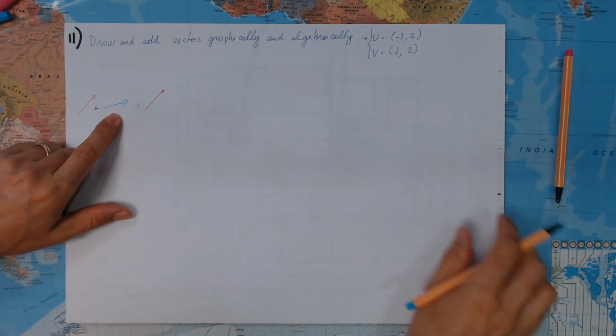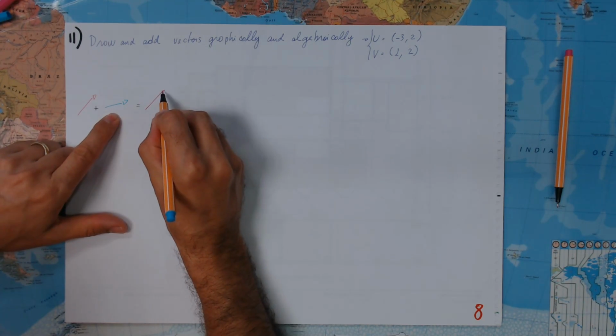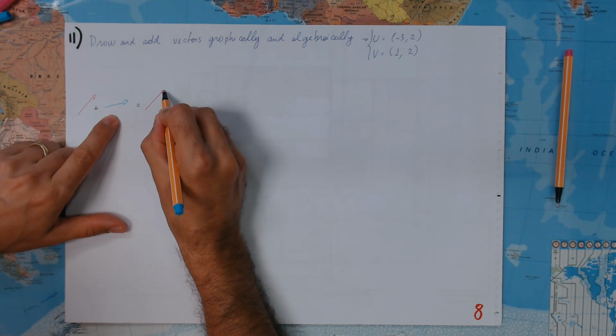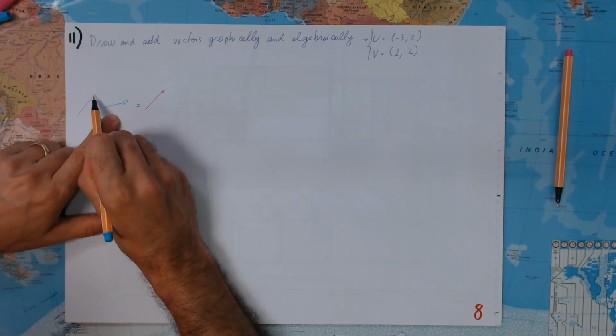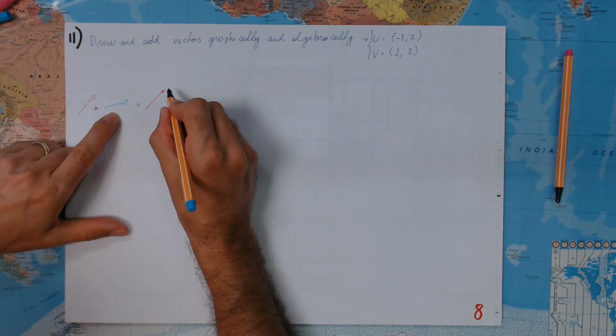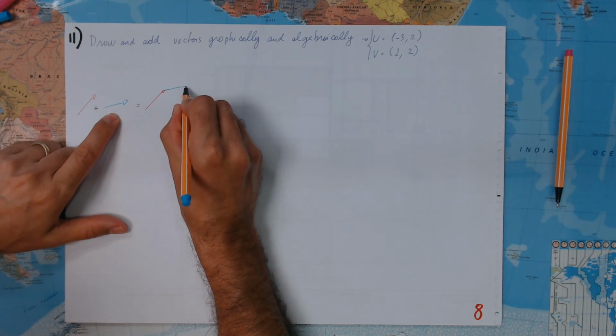As we add this one, we just take exactly its angle, and if we end it in here, the purple one, then we're going to start the second one right at the end of this one. So it's going to be something like this.